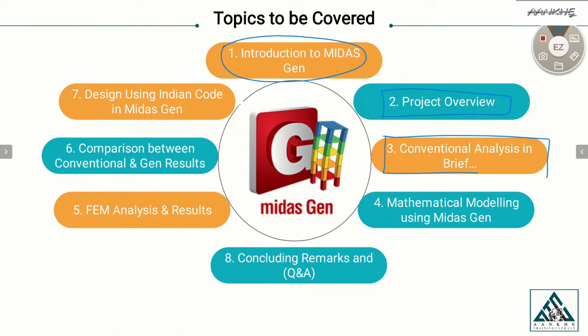Under this conventional analysis, I'll be leaving out the pile cap, because pile cap analysis is not required here, since we'll be doing it using Gen. I'll not be doing it manually by the conventional method.